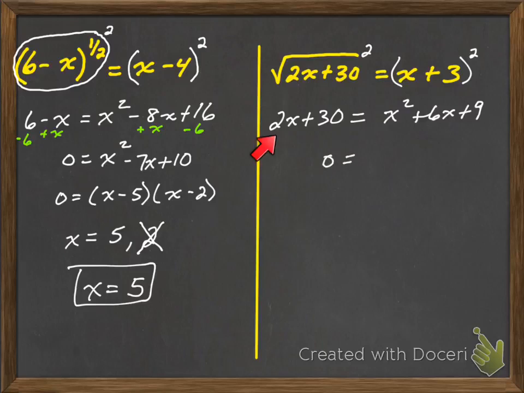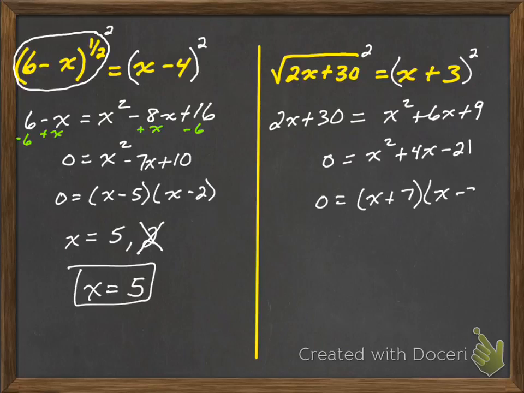So we're going to subtract 2x over to this side, giving us plus 4x, and subtracting 30 will give us minus 21. Now factoring will be x plus 7 times x minus 3, which means x is equal to negative 7 and positive 3.